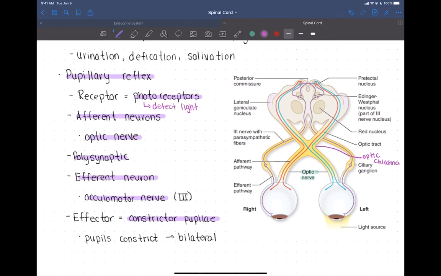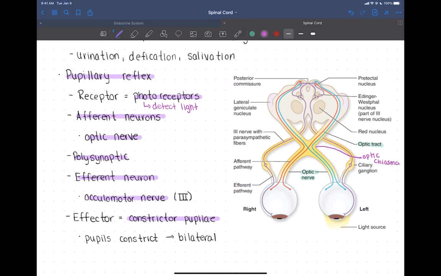That's where some of the fibers cross over. You can see fibers from the medial eye cross over to the other side, and the same with this one. And the lateral eye fibers stay on the same side. And so we have in this now optic tract a mixture of sensory fibers from both eyes.